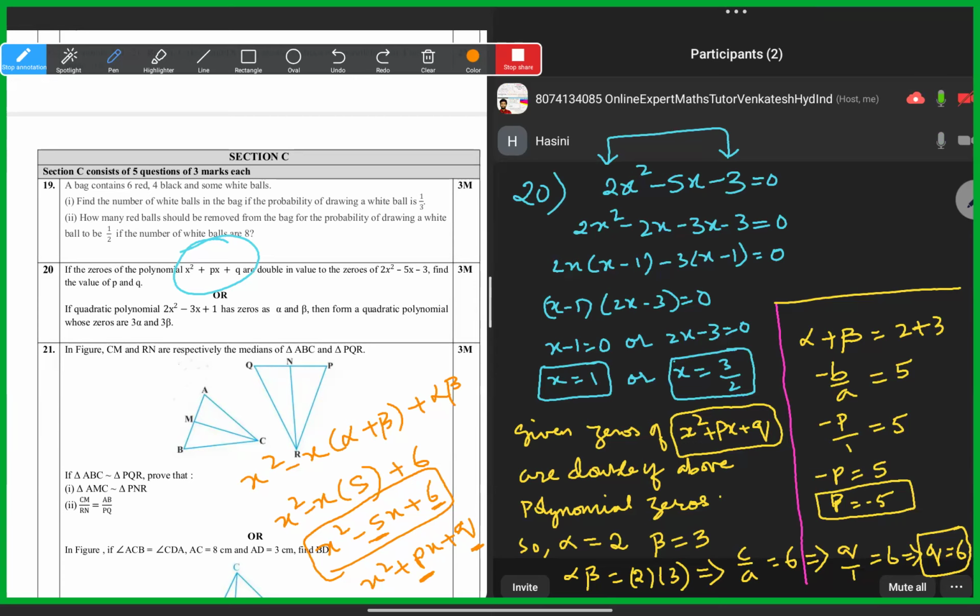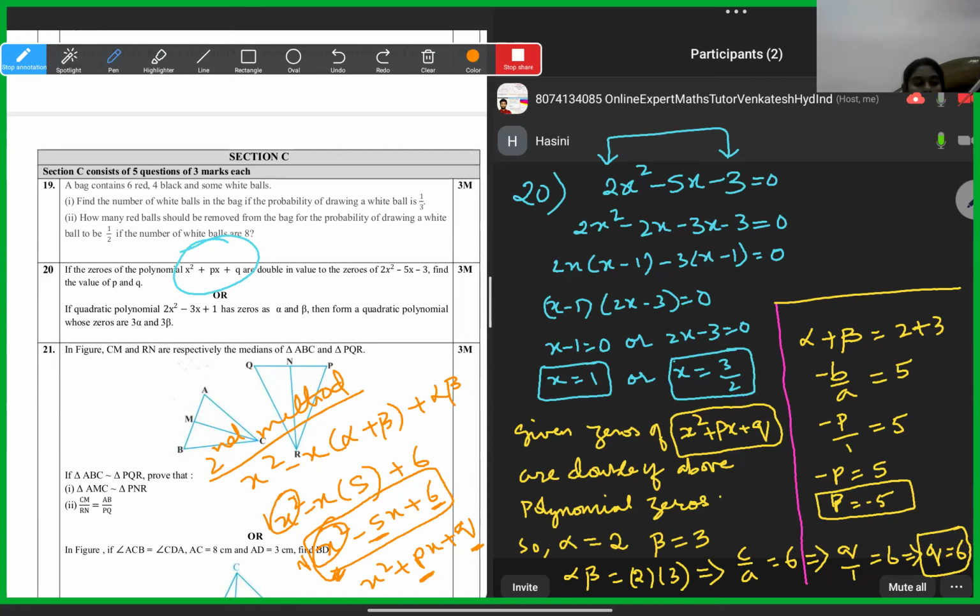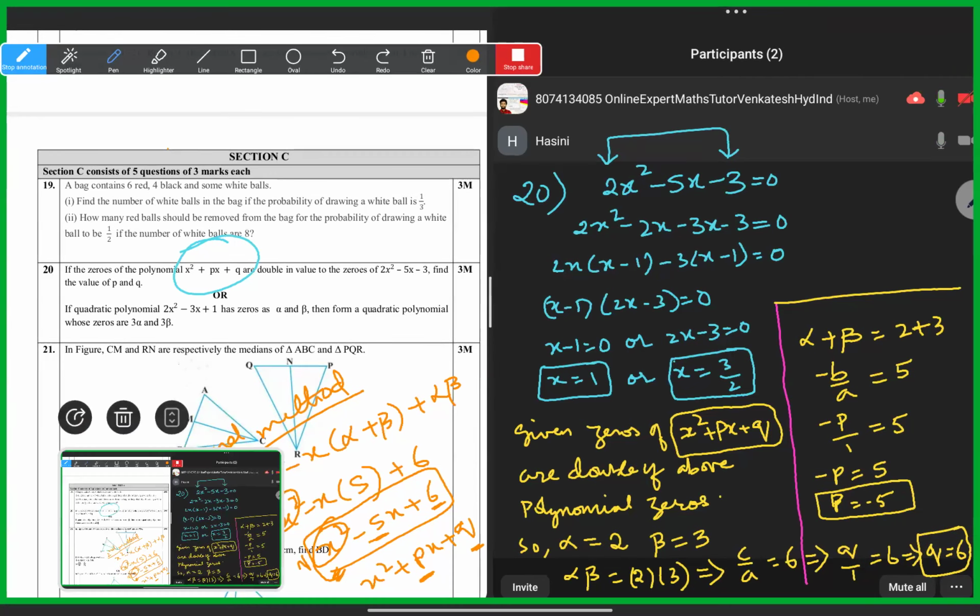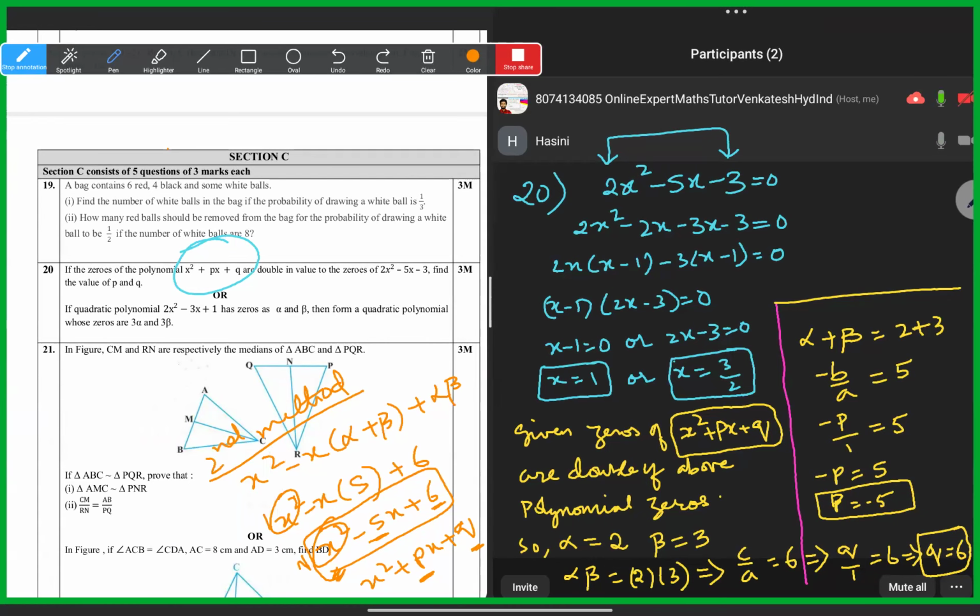Like that also we can. But we should see that, 100%, here also the x square coefficient is 1, and here also clearly 1 only. Then whatever p and q are there, those only are the values. This is the second method. Since we know the zeros of the polynomial, 2 and 3, we know how to form the polynomial using the formula x square minus x into sum of zeros plus product of zeros.